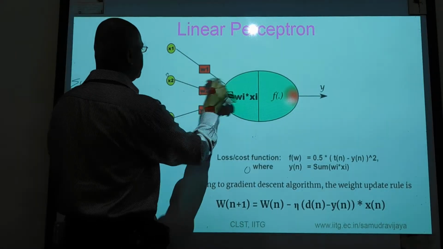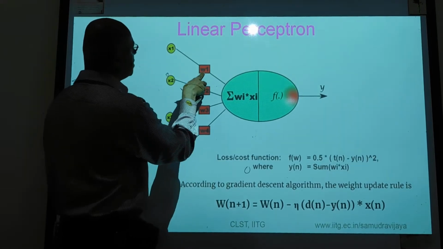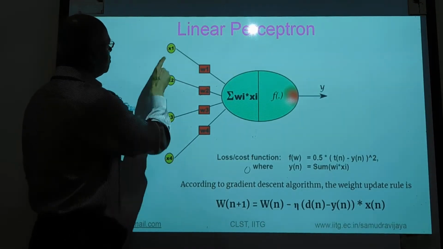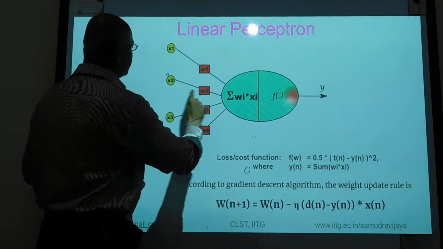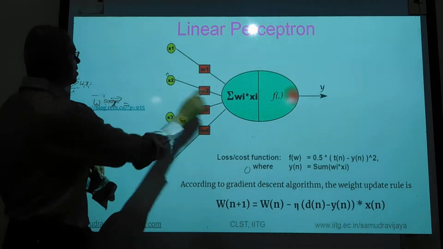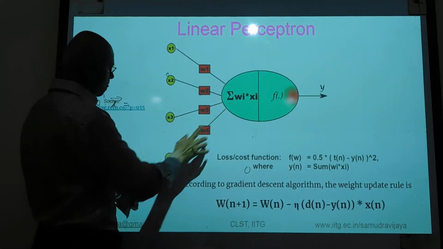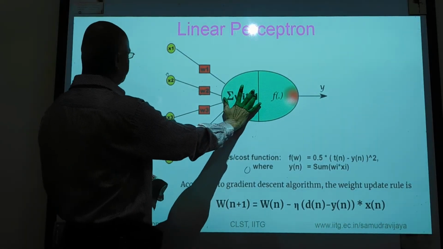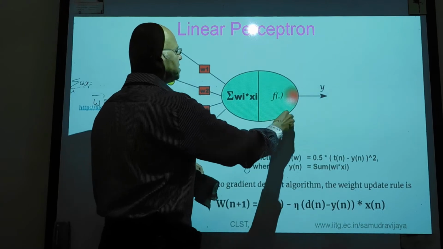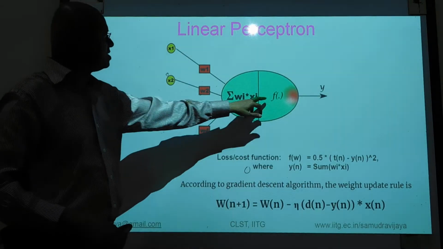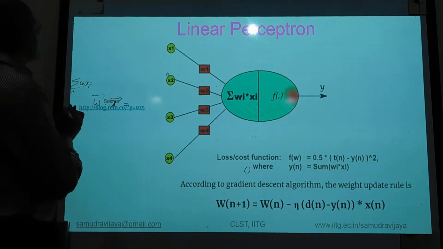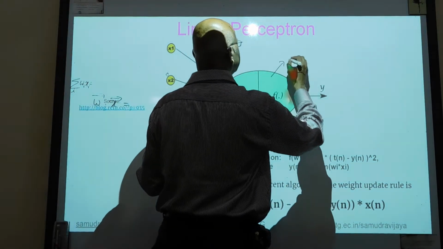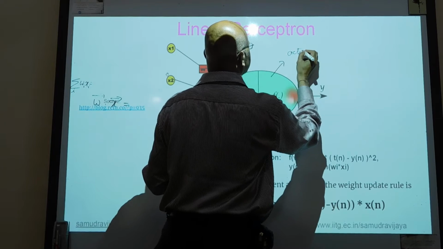Each of the features is multiplied by the corresponding weight w. x1 is multiplied by w1 and added here to x2, w2. This is the summation wixi, what I wrote here. That is computed and a decision function is applied. Now this decision function is called the activation function. So this f is the so-called activation function.